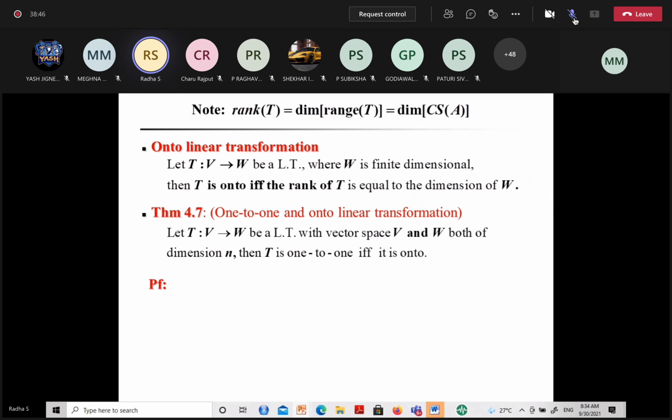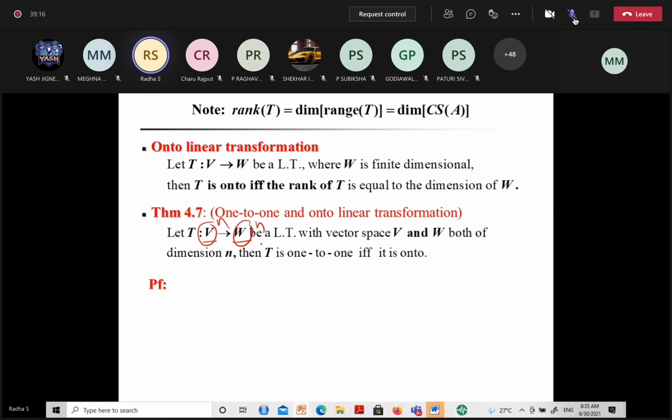Very important thing. This point is very important. See, T is a linear transformation from V to W, right? And both have the same dimension L, finite dimension. I always speak about finite dimension.